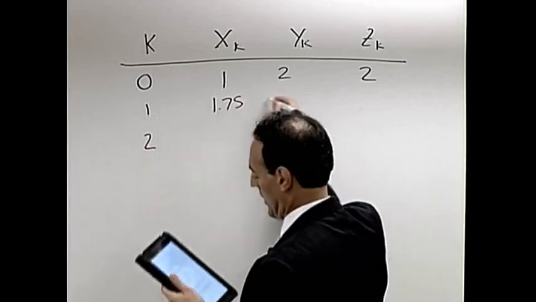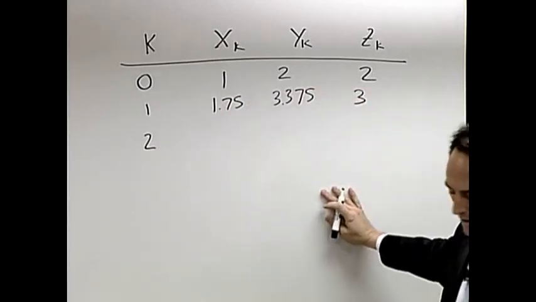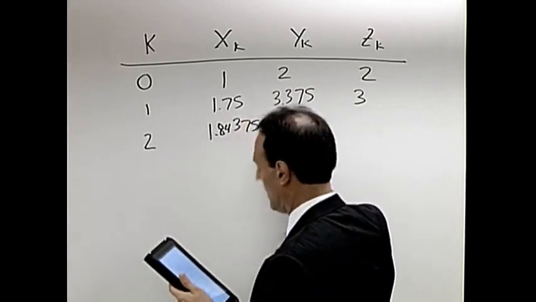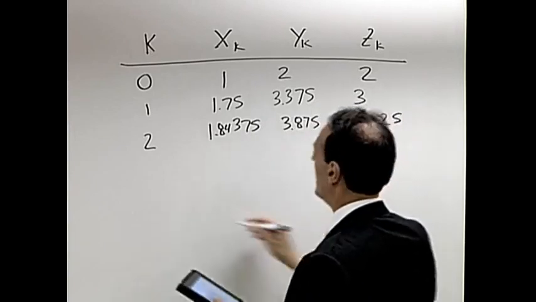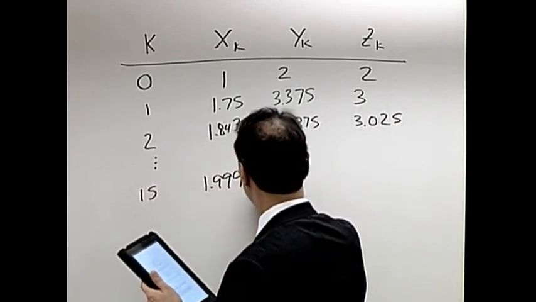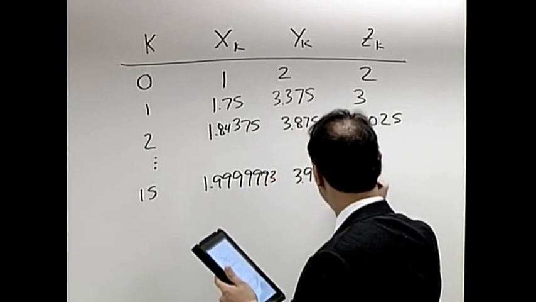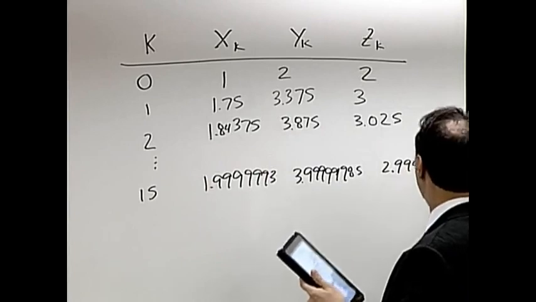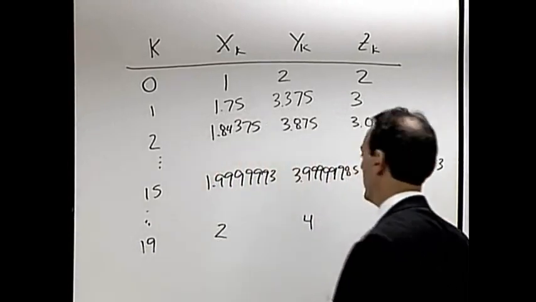So after one iteration, I get these numbers. 2 iterations. I go down, and after 15 iterations, and then after 20 or 19, I have 2, 4, 3.